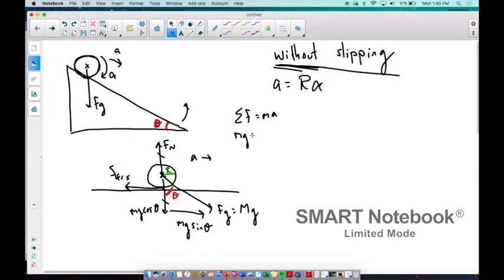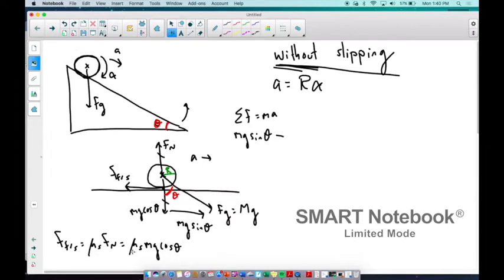So mg sine theta would be my accelerating force minus the force of static friction, where we haven't mentioned this in a while, but I know that the force of static friction is equal to the coefficient of static friction times the normal force. And here the normal force is equal to mg cosine theta. Now, whoops, forgot my s.